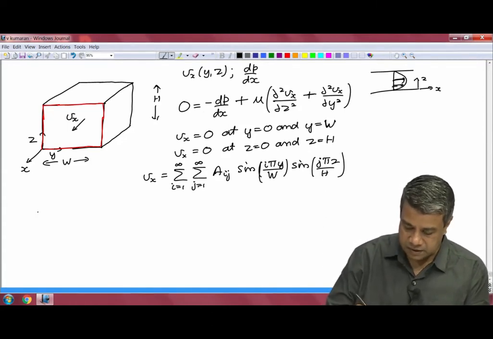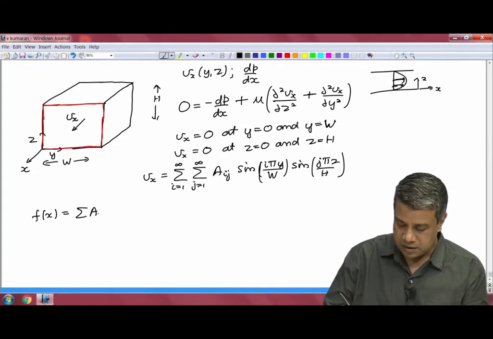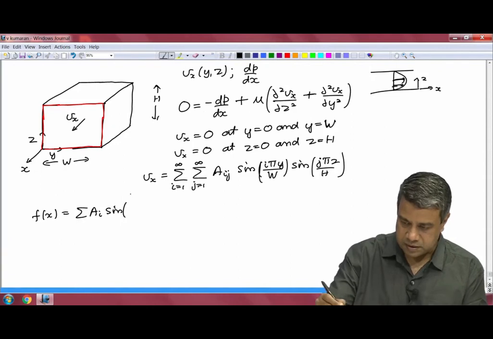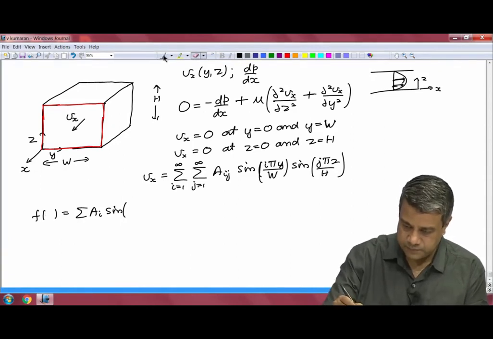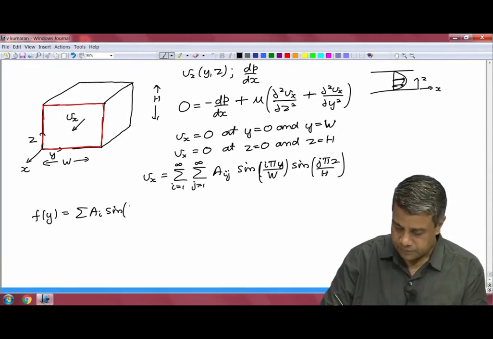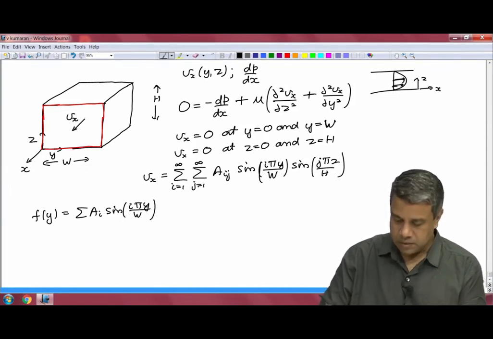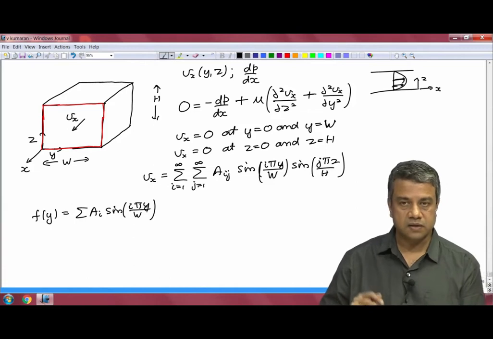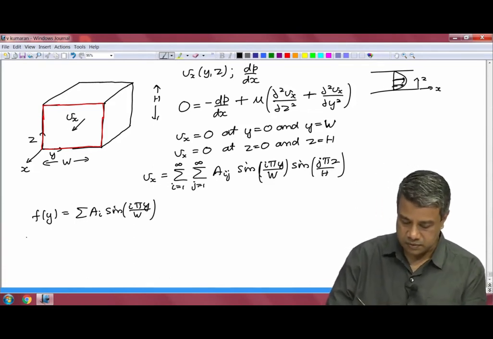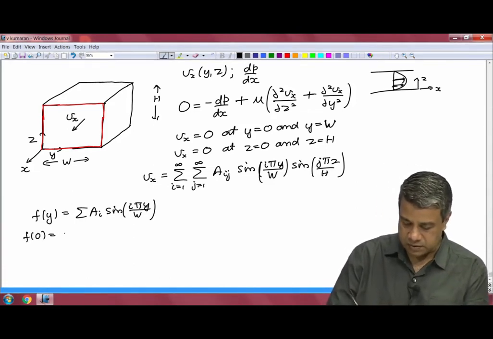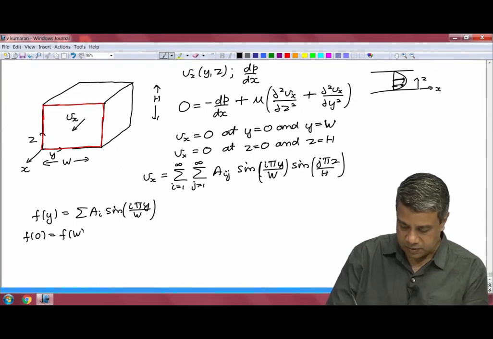So, any function f of y in the y direction can be written as a summation of a_i sine of i pi y by w, provided this function has 0 value at both boundaries, f of 0 is equal to f of w is equal to 0.